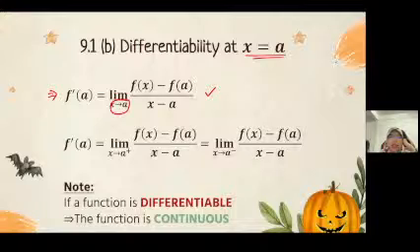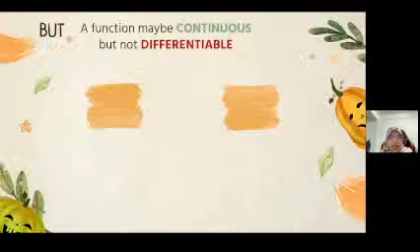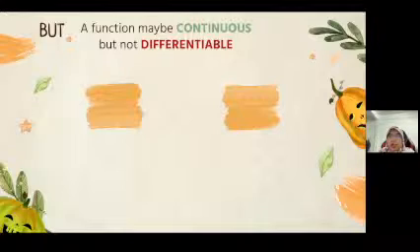Okay, so if a function is differentiable, then automatically the function is continuous. But a function may be continuous but not differentiable. It doesn't work the other way. So if it is differentiable, automatically it must be continuous. If the function is continuous, it might not be differentiable.